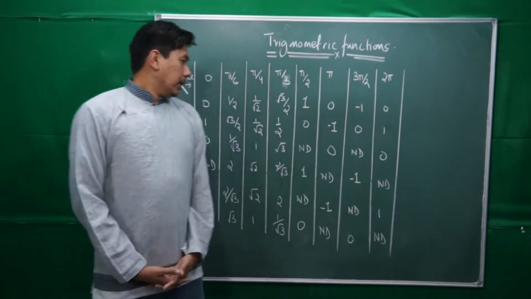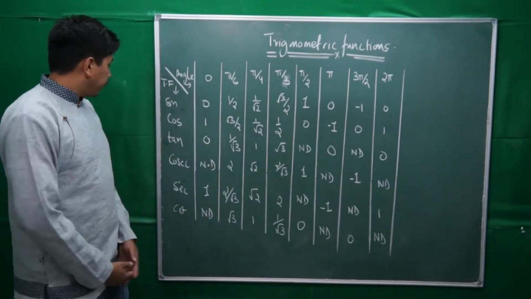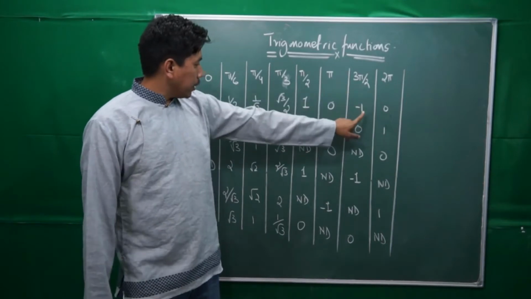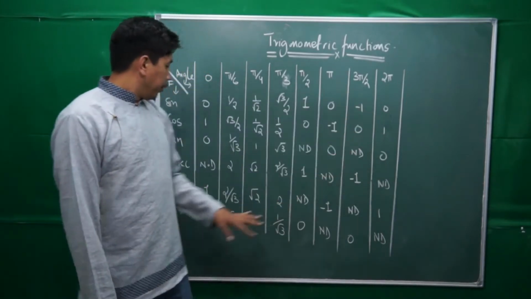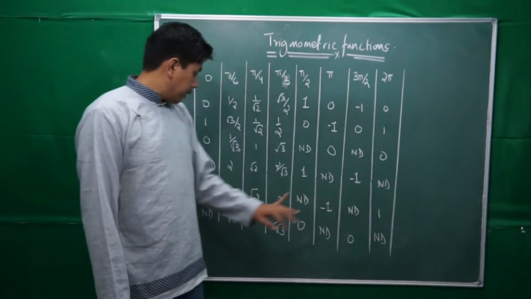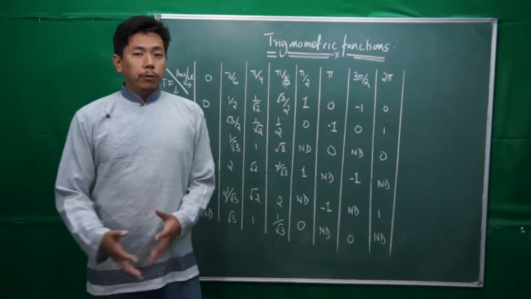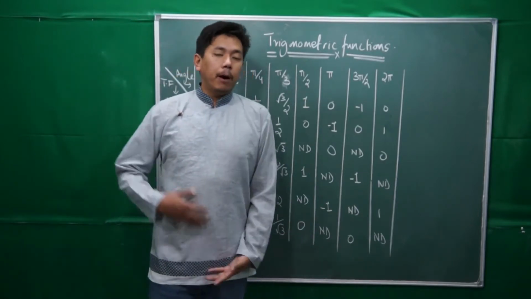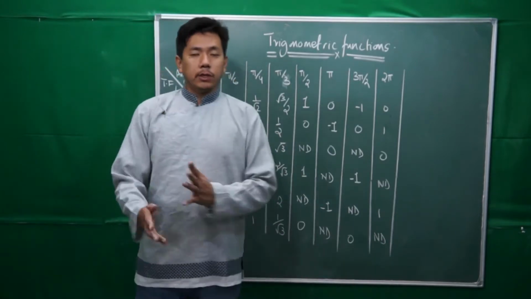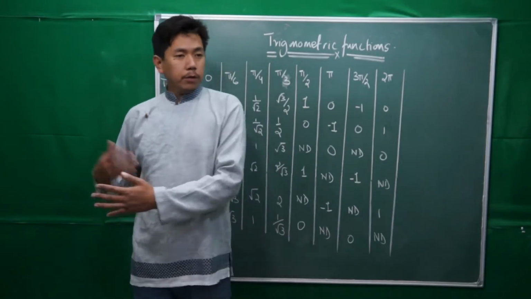All right. Now, as we look further, we find that for certain angles, the value of the ratio is negative. For certain angles, you can see it is negative. So as we move further, we are going to talk today about which ratio for which angle is negative or positive.